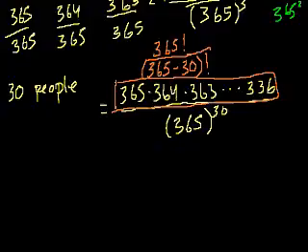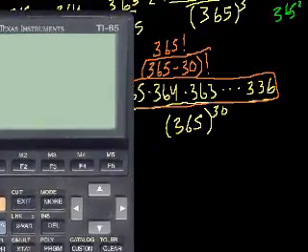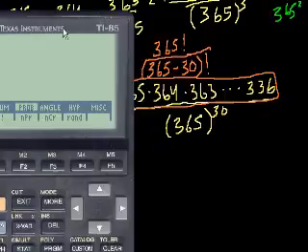So let's figure out what this entire probability is. Turning on the calculator, let's do the numerator: 365 factorial divided by, well, what's 365 minus 30? That's 335, right? Divided by 335 factorial. And that's that whole numerator.